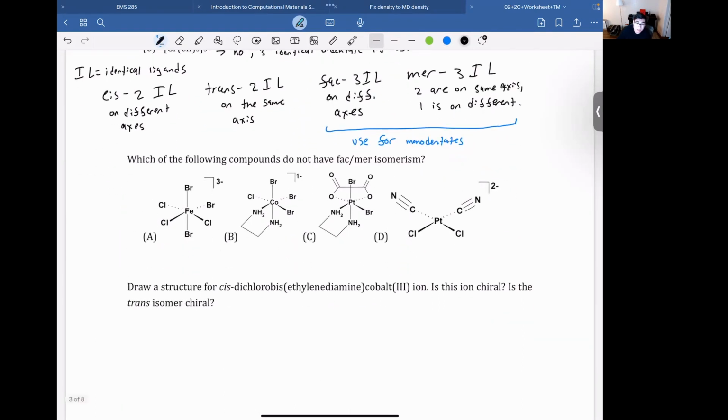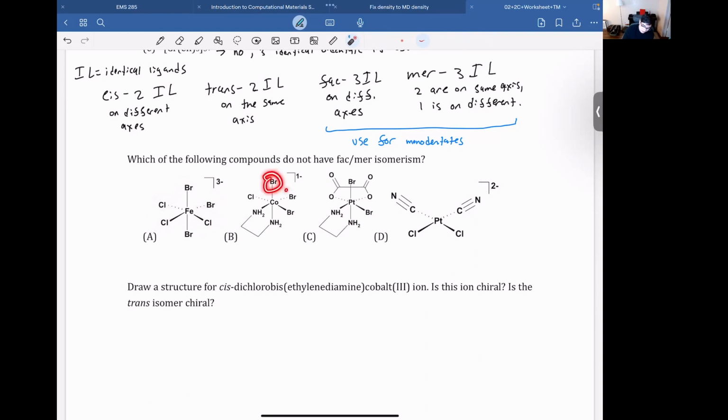Then it says, which of the following compounds do not have fac or mer isomerism? So you're looking at the monodentates. You're seeing if you have three identical monodentates or not. So A, you have three identical ones. You have bromines. You also have three identical chlorines. So A can have fac or mer isomerism.